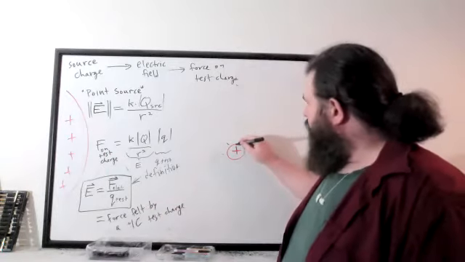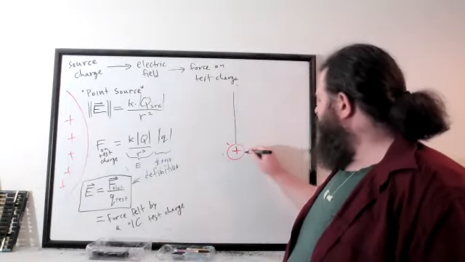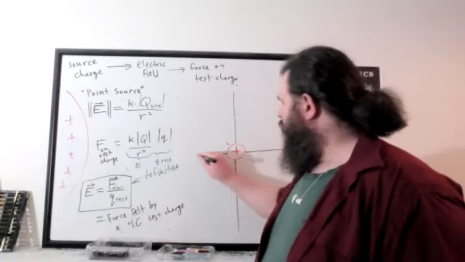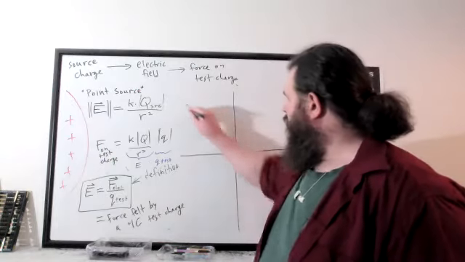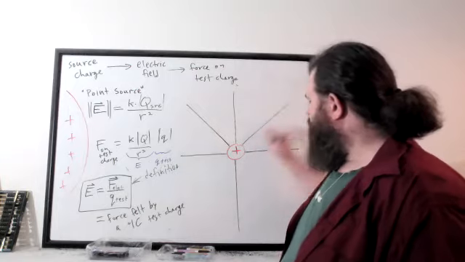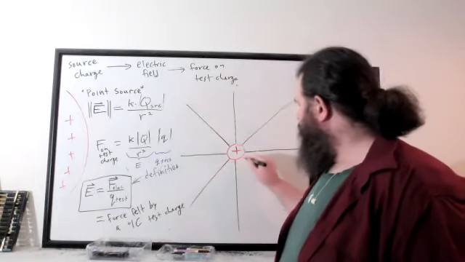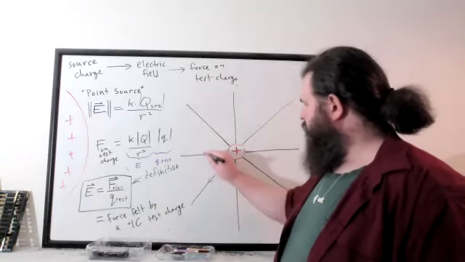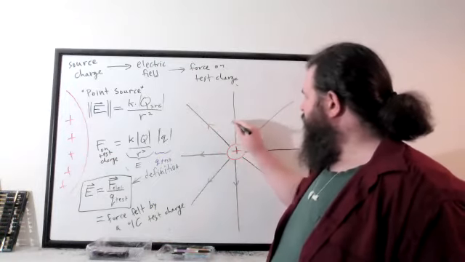For instance, we have a whole bunch of vectors pointing outwards, so I'm just going to draw a bunch of outwards arrows, evenly spaced, because we should expect symmetry. So this would be the field line diagram.